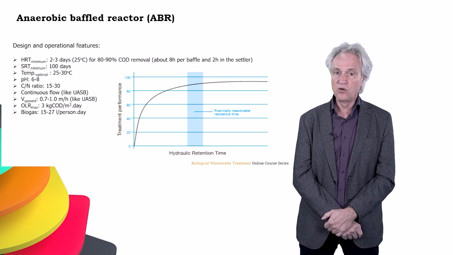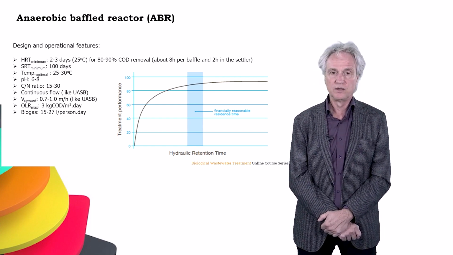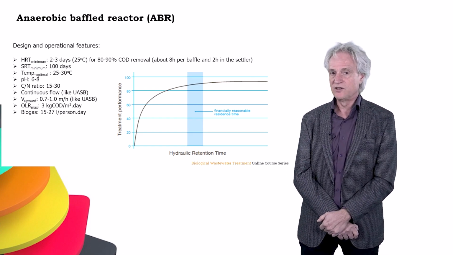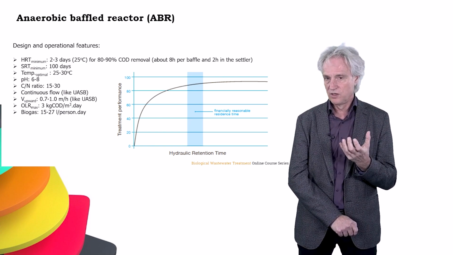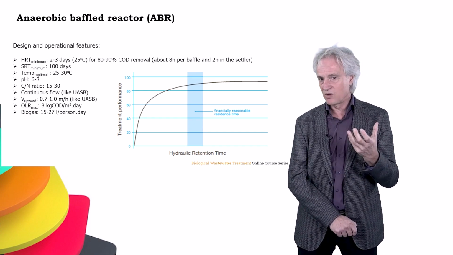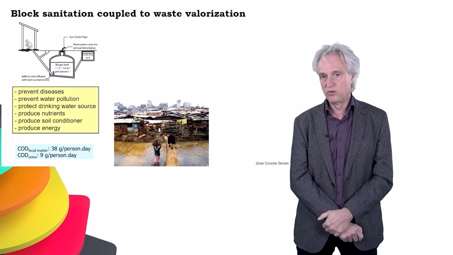And the maximum organic loading rate is 3 kilograms of COD per cubic meter per day. The biogas production is something like 15 to 27 liters per person per day. But nonetheless, this system can be constructed without the use of any energy sources. So it is a very plain system for communities that are poorly served.